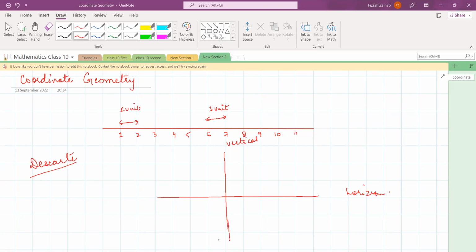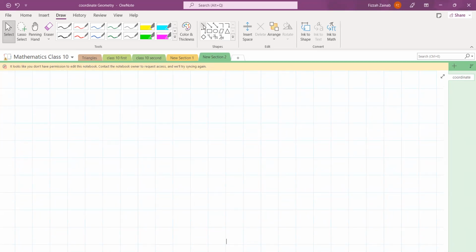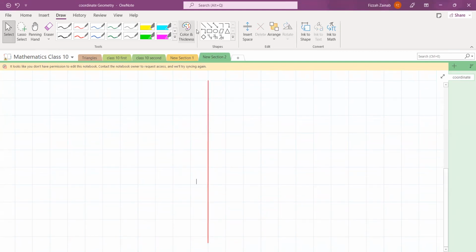Okay. So I think I should draw it properly. So this is how the lines were looking, right? The point where they were intersecting, he called the origin, right? This point is called the origin.